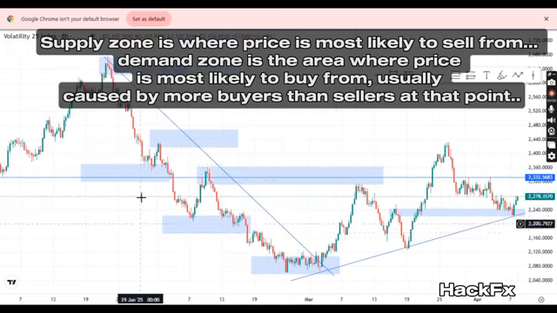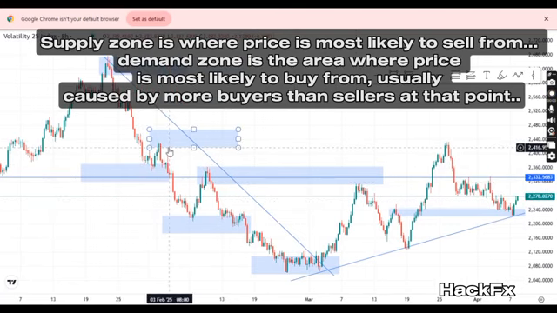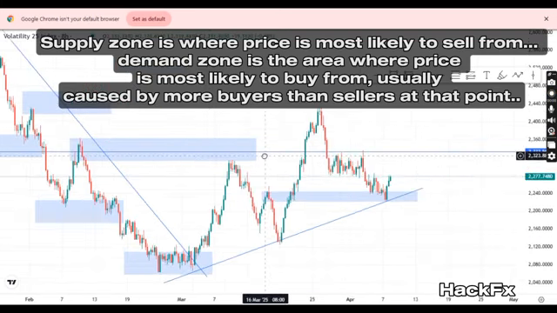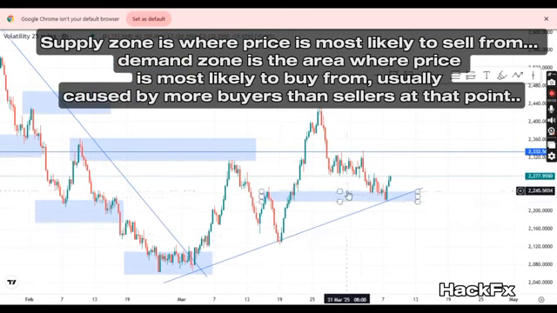So what it means is that anywhere price gets to and sells is a supply zone. Anywhere price gets to and buys the price is a demand zone. So all these points now where the price sold are all supply zones. See, so now this place that this price got to is also a demand zone.